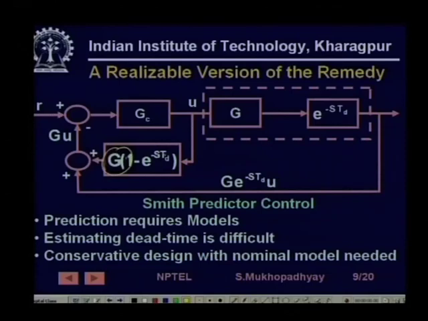So if this G and this TD are not properly known, then the compensation that I am talking about will not take place. It will take place only partially. So here also we have to make a conservative design, but at least the situation is better.